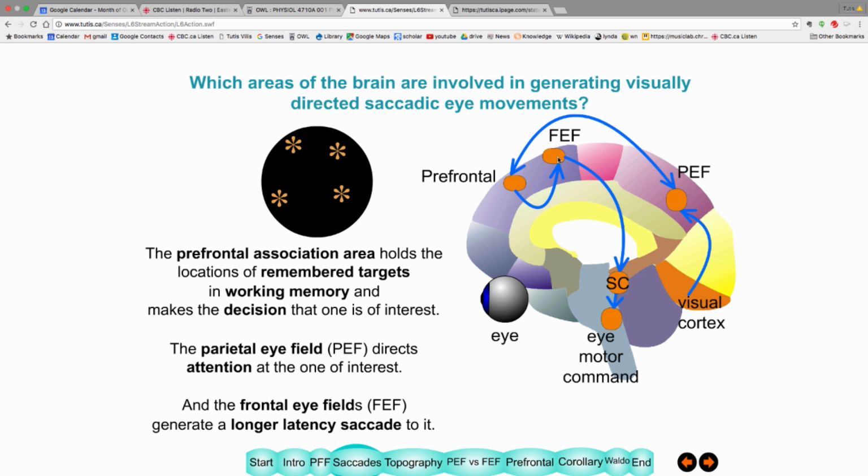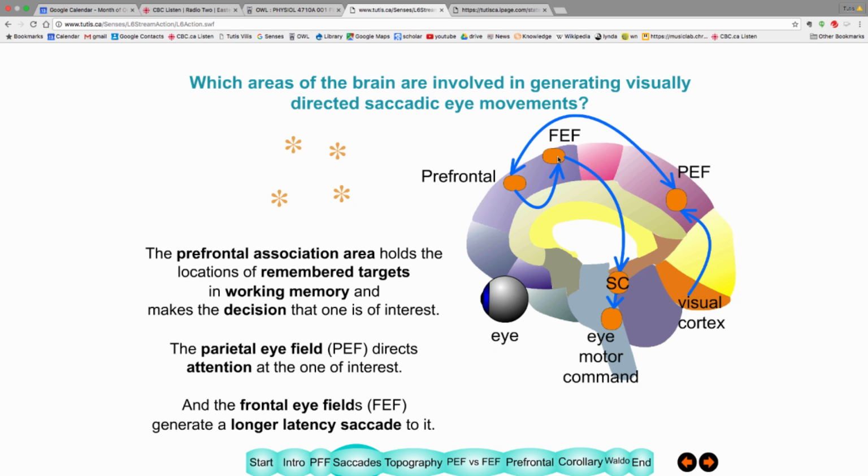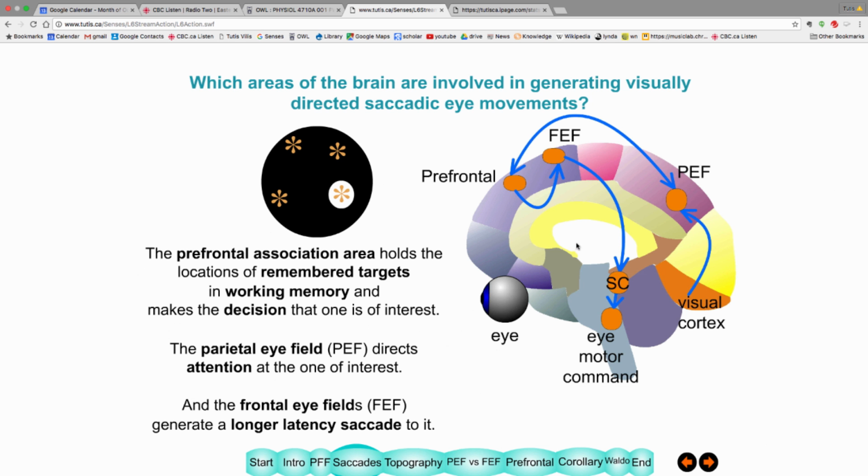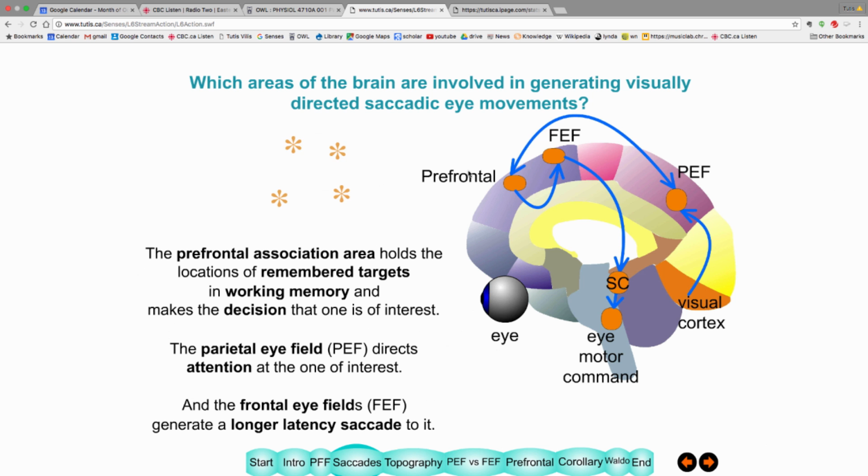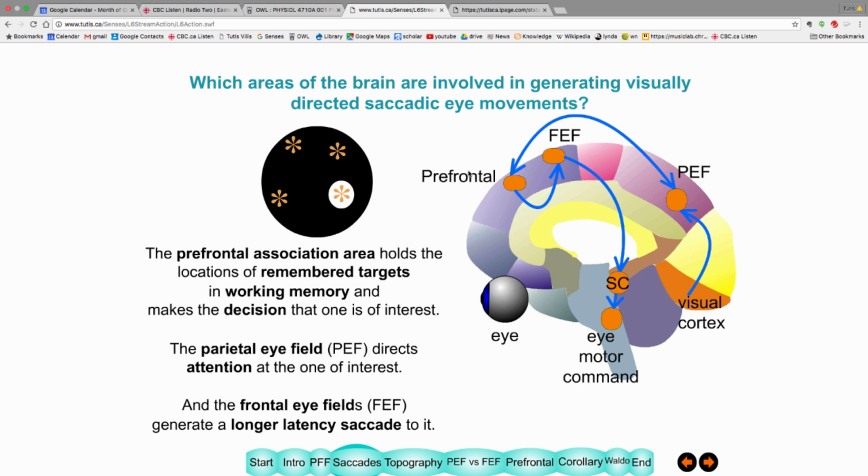It does so by sending a signal to the superior colliculus. Okay, so that can generate a movement to something that you remember you saw in this location, because this prefrontal cortex is where your working memory lies. And so I can look to my mouse because I remember where it was.